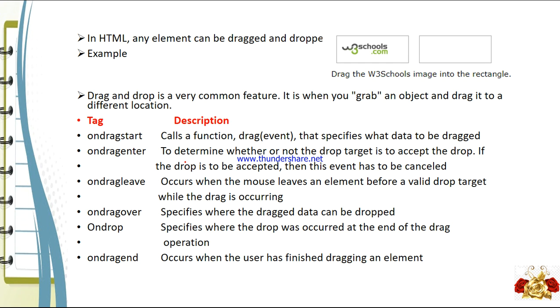Then finally, drag and drop. Here, an HTML element can be dragged and dropped. For example, an image is dragged from one rectangle box to another rectangle box by using the tag. Drag and drop is a very common feature, where you grab an image object and drag it to a different location.